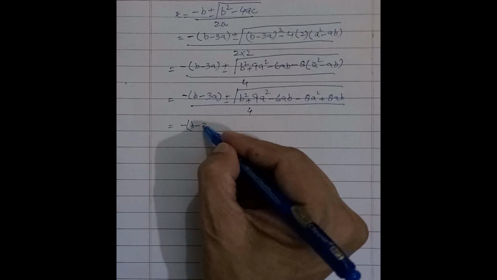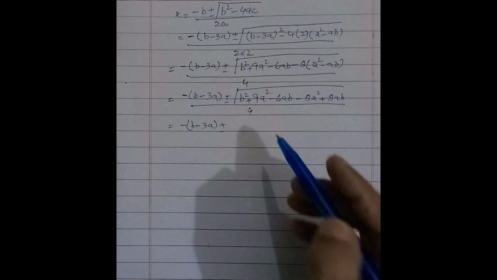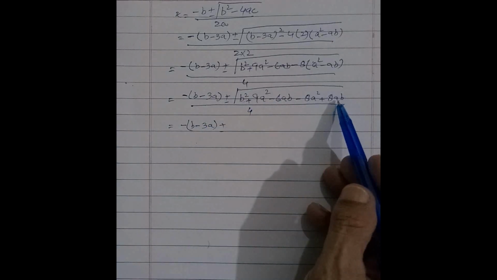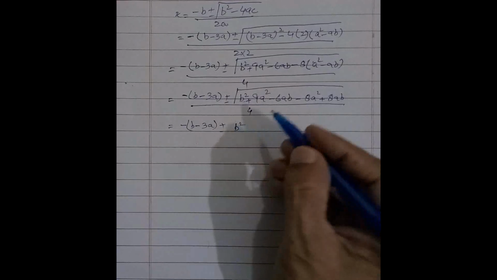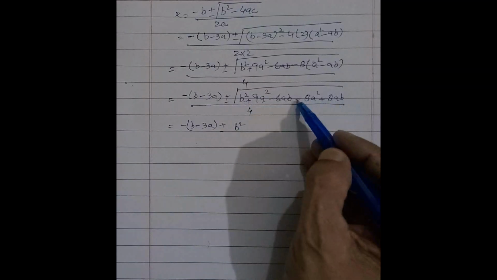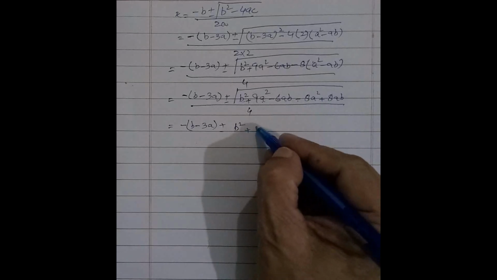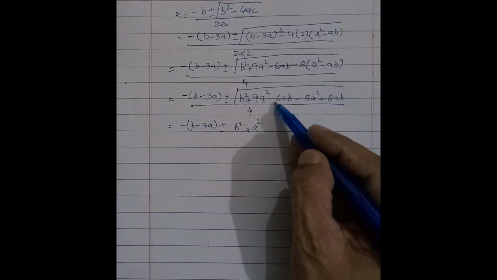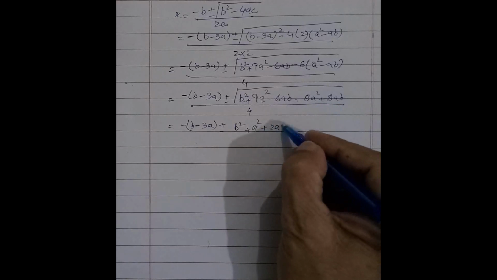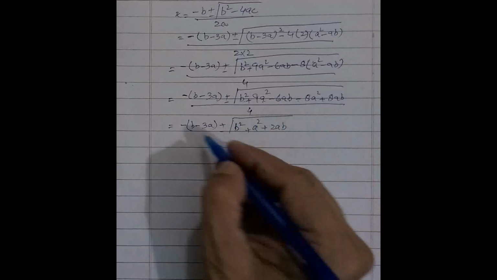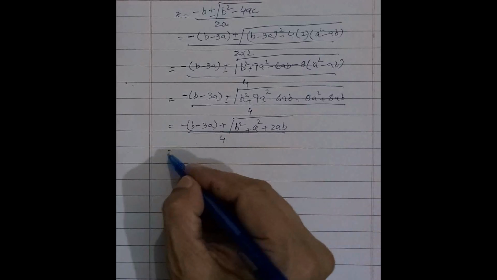Simplifying the values in the square root, we get b² plus 9a² minus 8a², we get a², minus 6ab plus 8ab, we get plus 2ab, square root over 4.